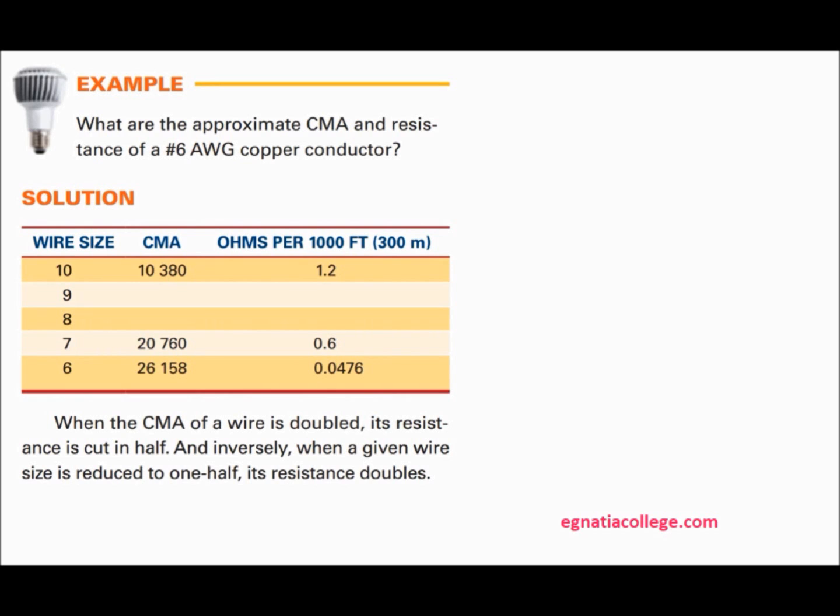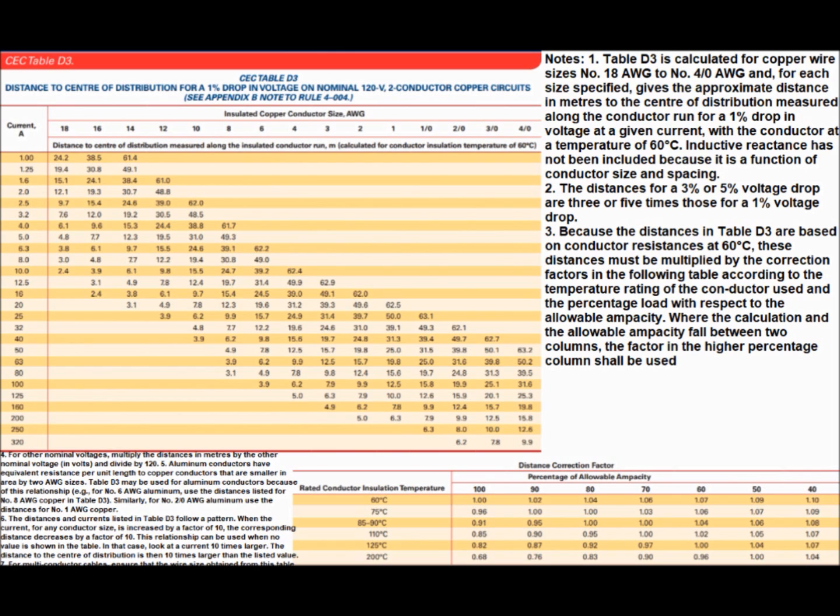Calculation of maximum length of cable run. Using Table D3, the CEC table gives a method of calculating the maximum length of a 2-wire circuit. According to Rule 8-102-1, this may be either 2% or 3%.